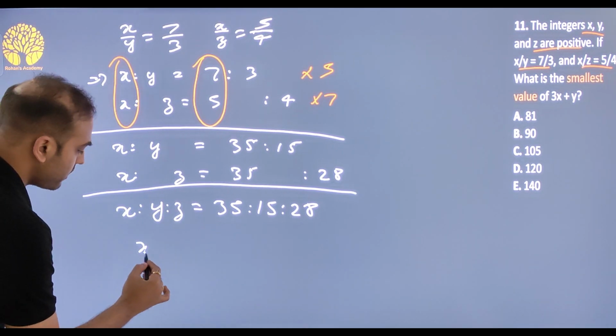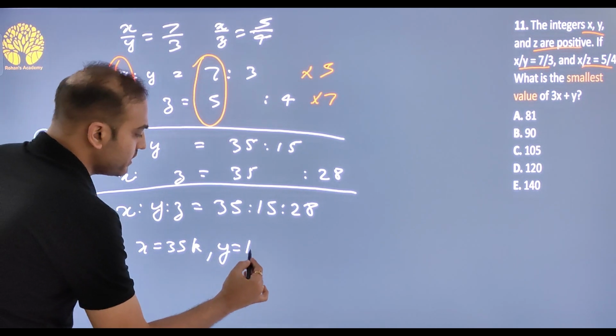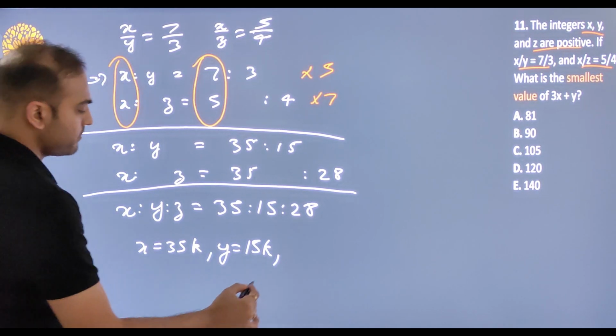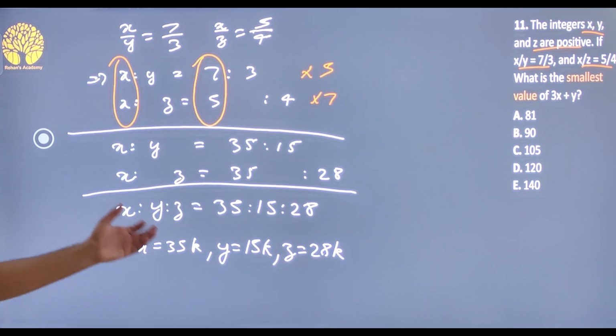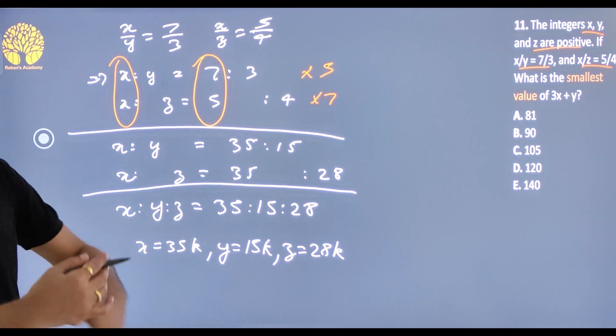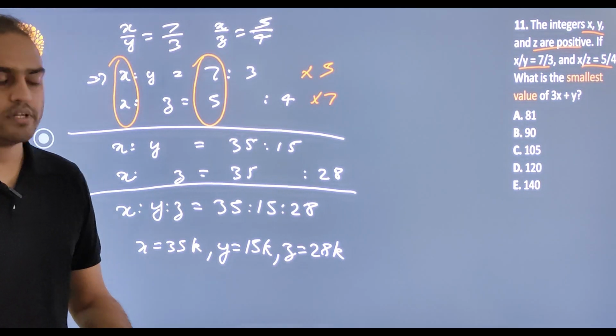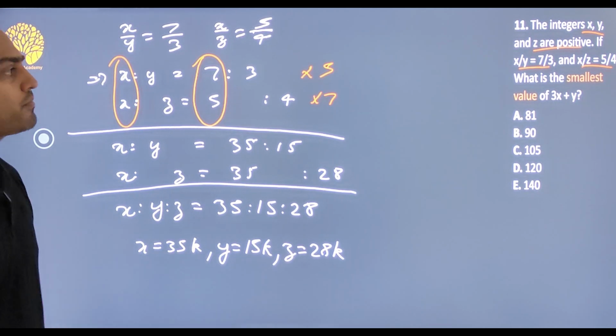So from here I know x is 35k, y is 15k, and z is 28k. Don't just directly assume that x, y, z are 35, 15 and 28. They can be some other numbers also. So x is 35k, y is 15k, z is 28k.